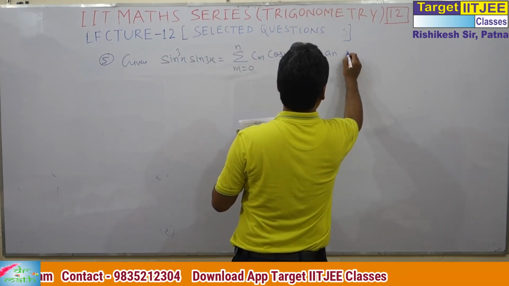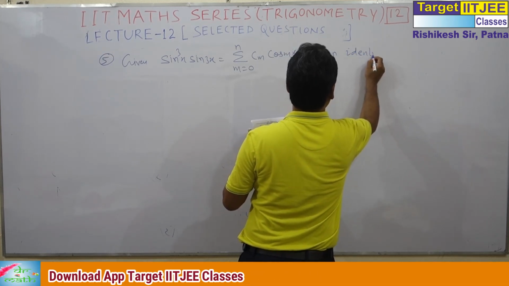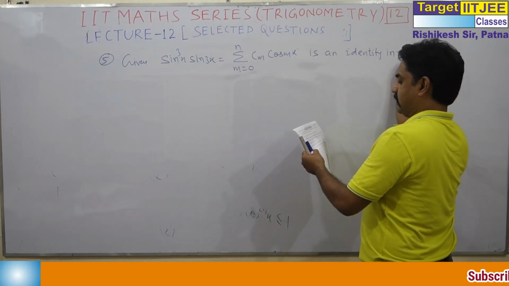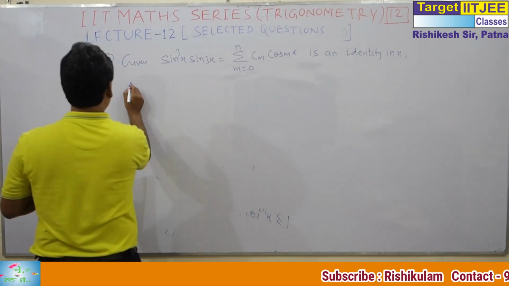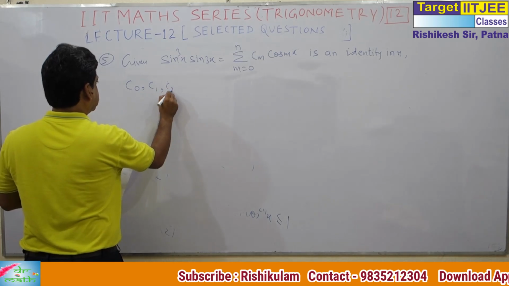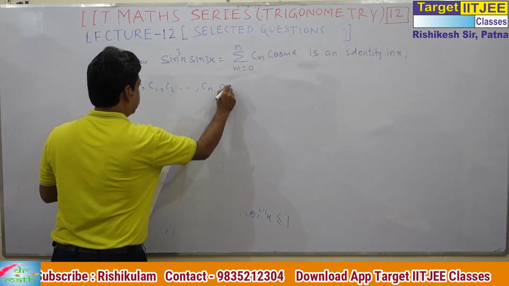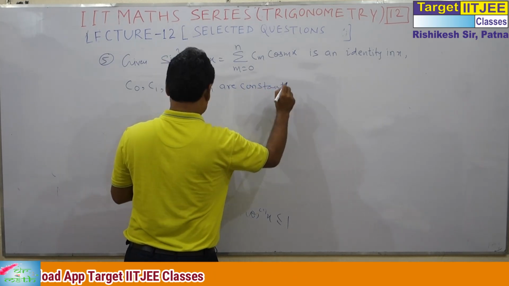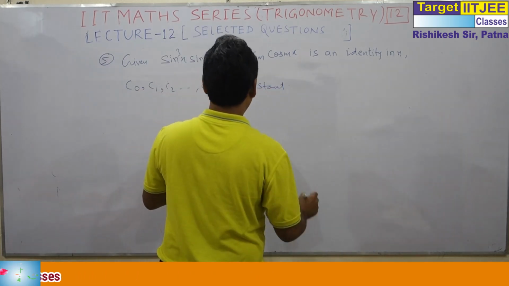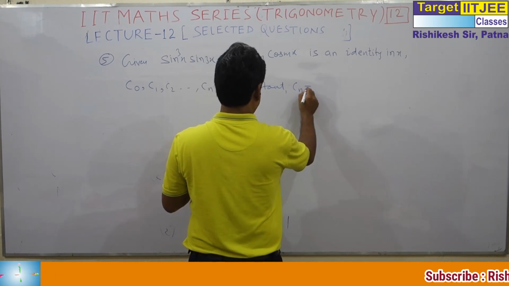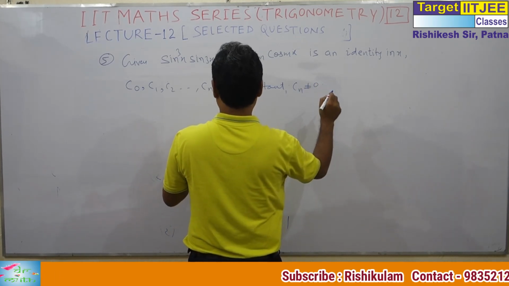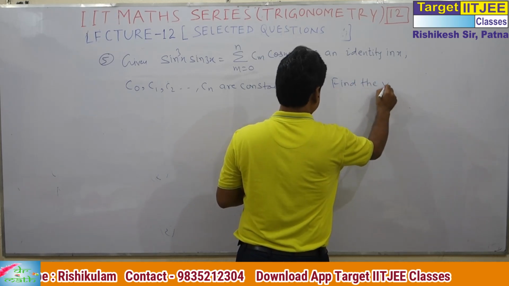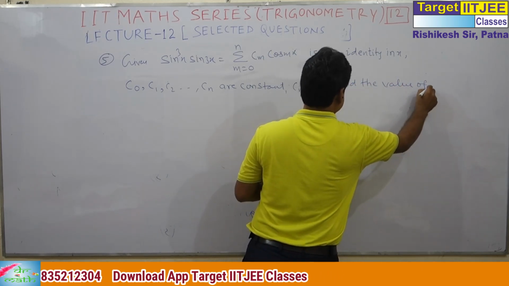Is an identity means what? Both sides are equal for all x, where C0, C1, C2, up to Cn are constants, Cn not equal to 0. Find the value of n.